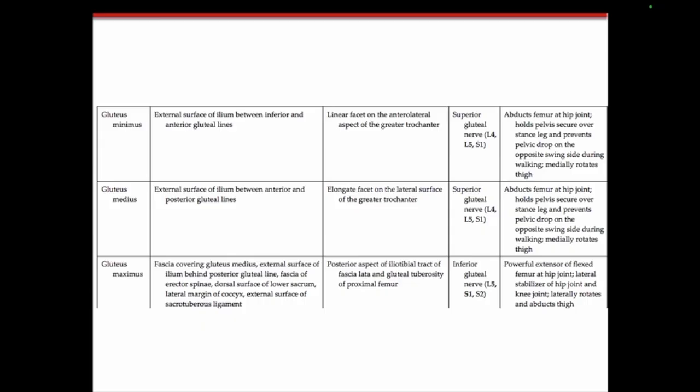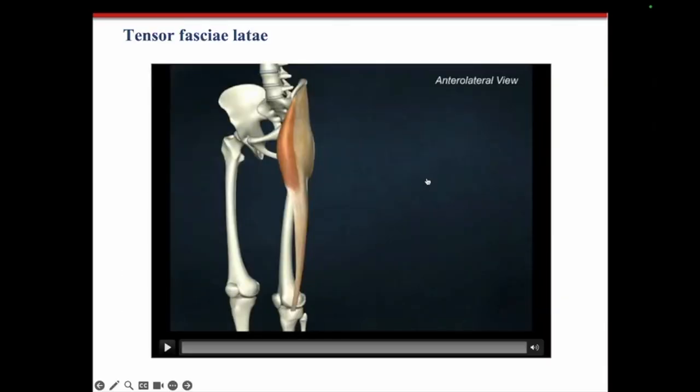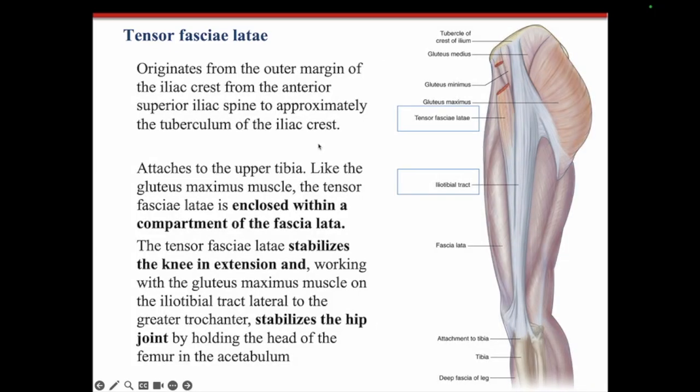If you are flexing your thigh and then try to extend the thigh, you are contracting your gluteus maximus. The tensor fasciae latae stabilizes the knee because it acts on the iliotibial tract.